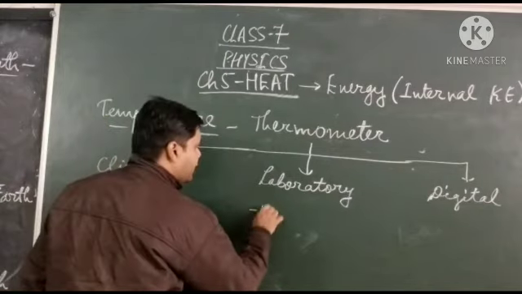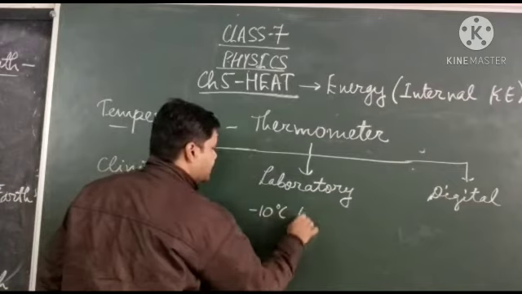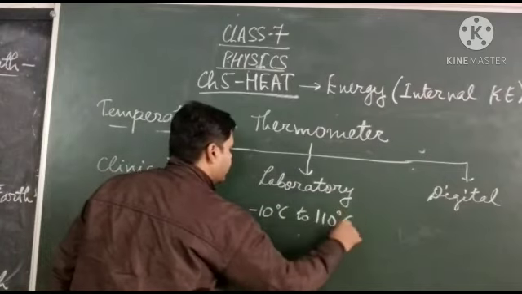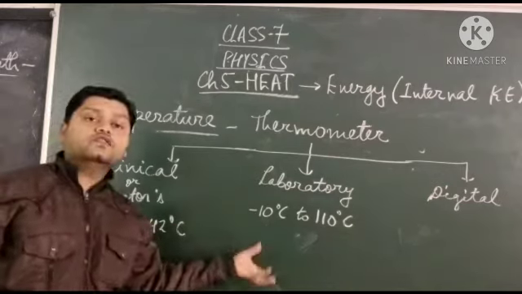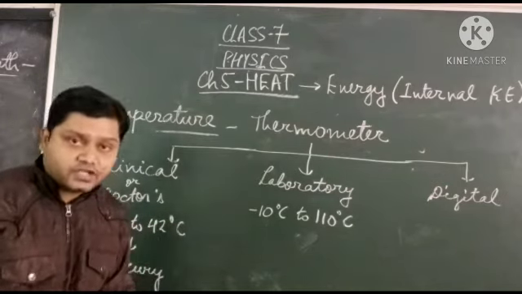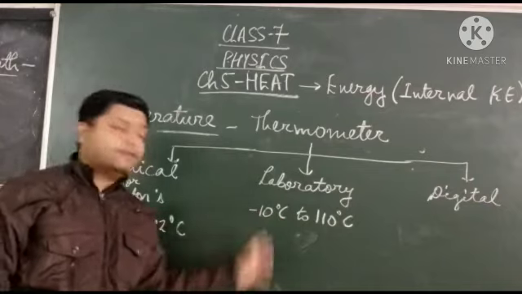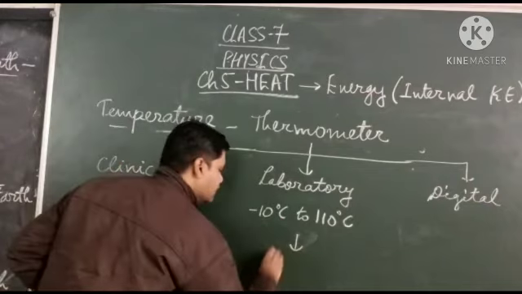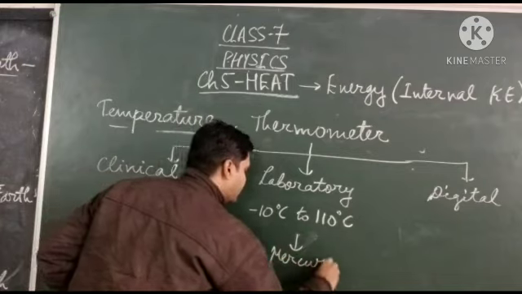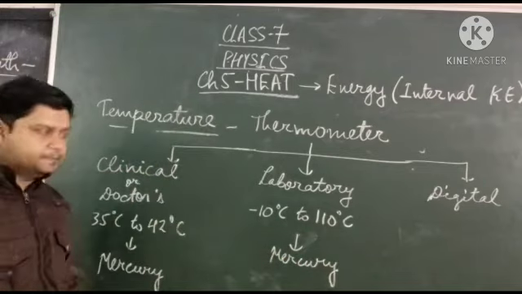The range of the laboratory thermometer is minus 10 degrees C to 110 degrees C. It has a great range of temperature, and that is why it is used in the laboratory, because it can measure temperature over a wide range. It also uses mercury as a thermometric liquid.